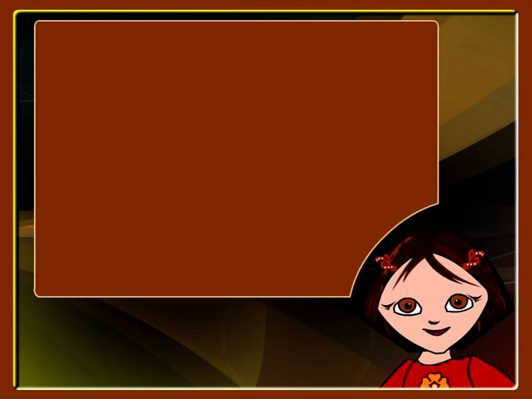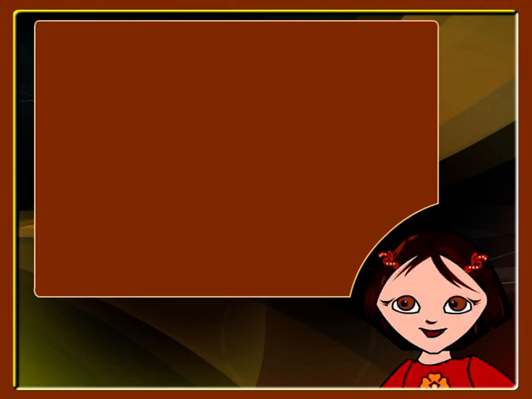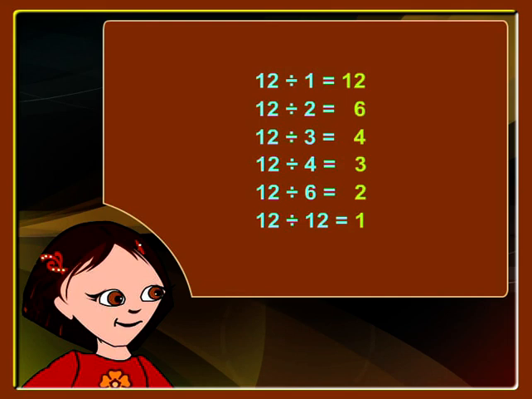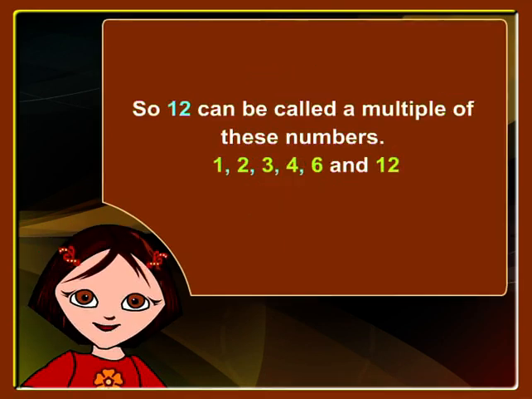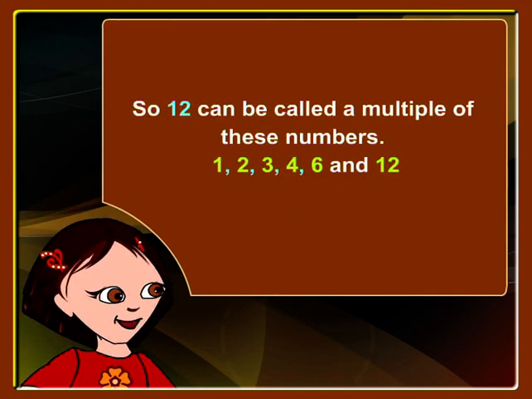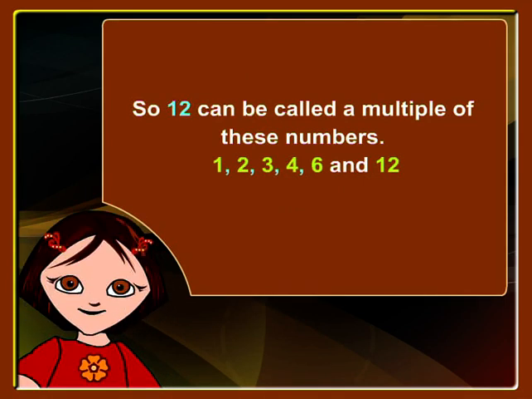Let me now tell you how to get multiples of numbers. You saw earlier that 1, 2, 3, 4, 6 and 12 divide 12. So, 12 can be called a multiple of these numbers.